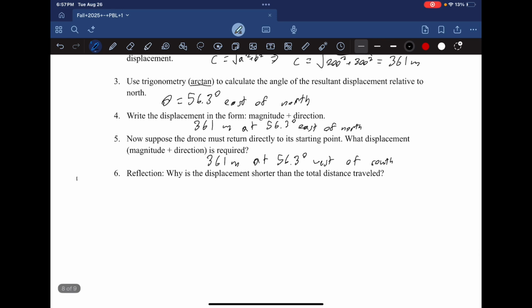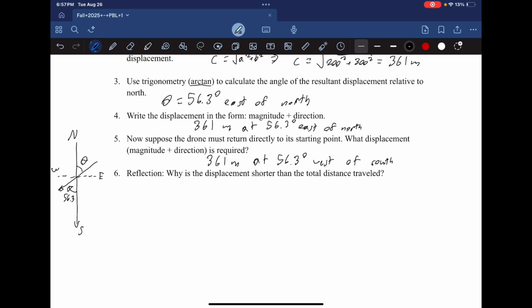So let's draw that. So here's south, and then this is the direction it needs to go in. This way is west. Here's west over here. So you can see that this angle is going to be the same as the other one, where this was north, this was east, and this was our theta.